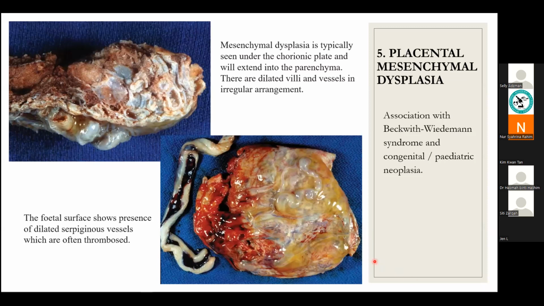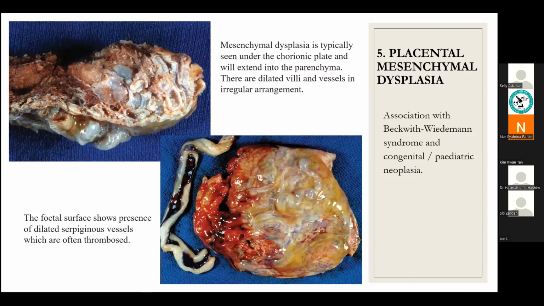So if we see this kind of placenta, we need to inform the neonatologist or the pediatrician in charge, so they can do detection prior to discharge.